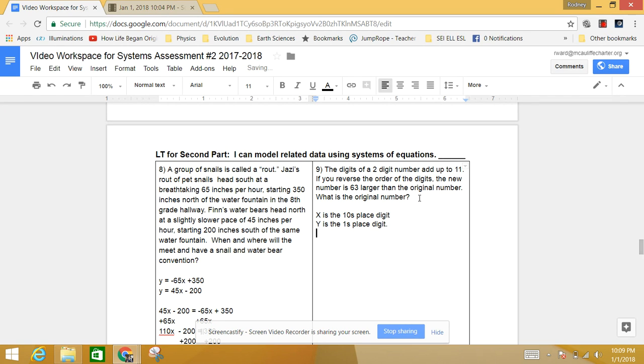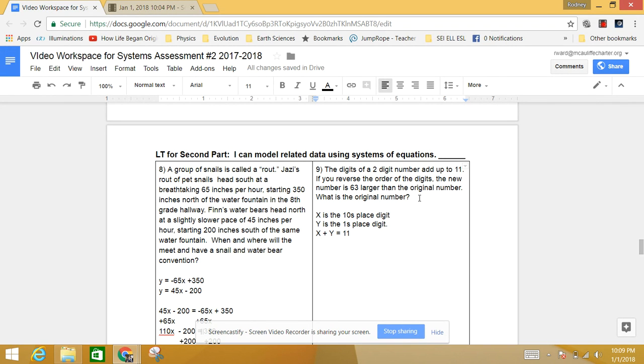Okay, so we know that we have this number where x, the tens place digit, plus y equals 11. But we also know that if we take that number and reverse it, yx minus xy will equal 63. We have to come up with a way to express it as an actual number.